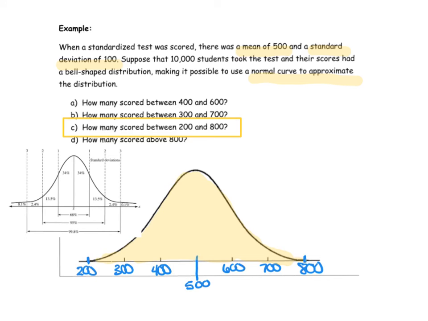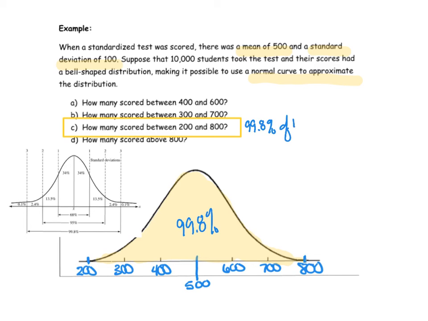Recalling from earlier, we have this lovely normal distribution in the approximations that 68% of the data lies within 1 standard deviation, 95% lies within 2 standard deviations, and 99.8% lie within 3 standard deviations. So that means that we have 99.8% of our data lying between 200 and 800.